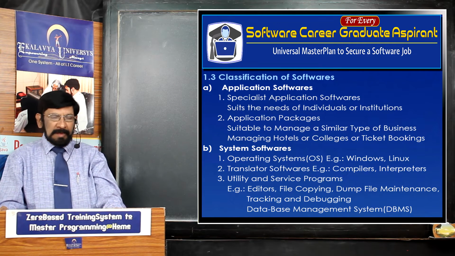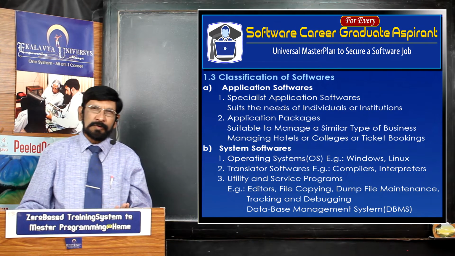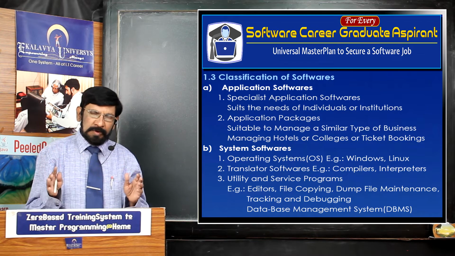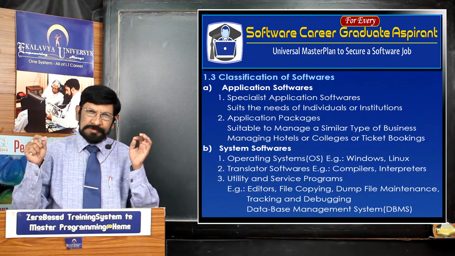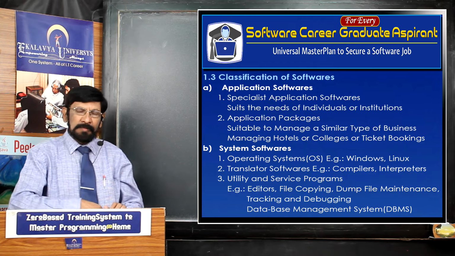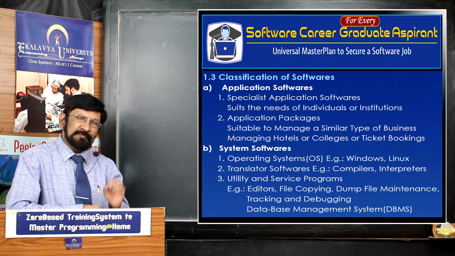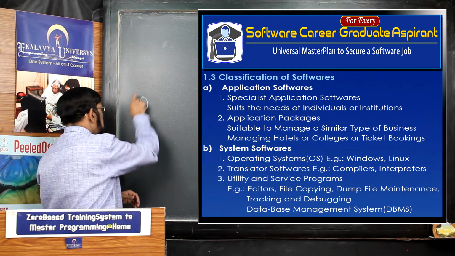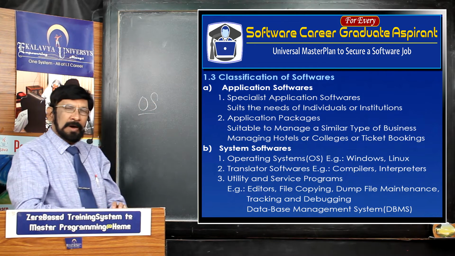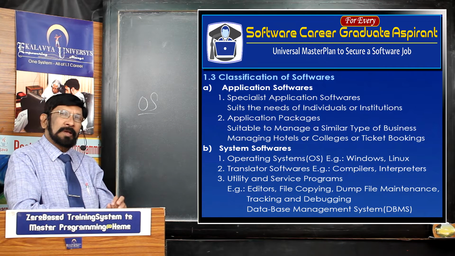Second one is system software. As I told you, in order to utilize your hardware resources fully in a compatible manner, system software is required. In that, many types are there. The first and foremost important, already I told you, is the operating system. Operating system is very, very core.